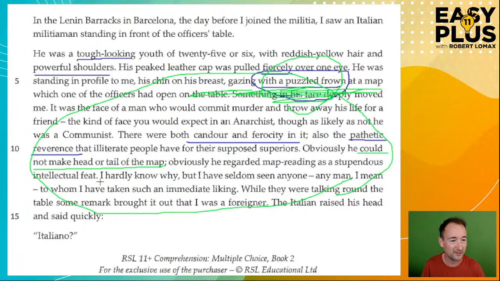Oops, slightly excessive circling, more like this, where it says he could not make head or tail of it. And that is the important information that answers the question. So once you find the information, this is not a difficult question. But finding the information requires you to have done a really careful read in advance. And that's a difficult skill when you're under time pressure in an exam.